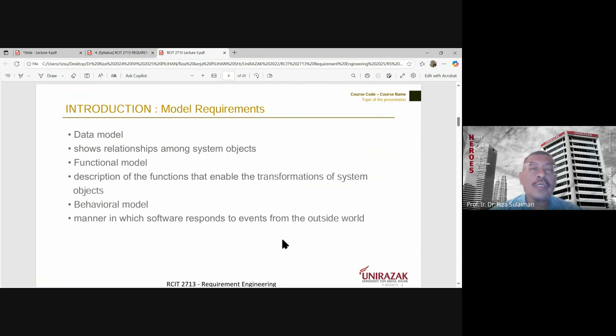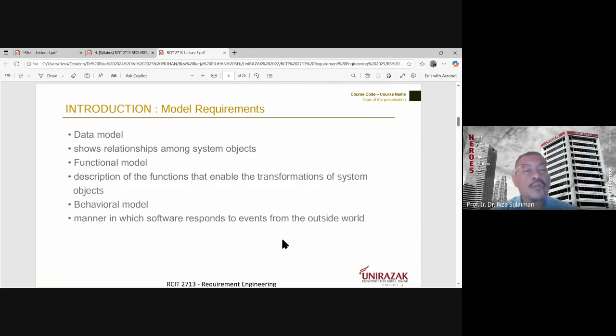Okay, we are looking at model requirements today. So there are a few important points that you need to understand, especially what are data models. And you should be able to show relationships among the systems involved in the one that you are going to do.